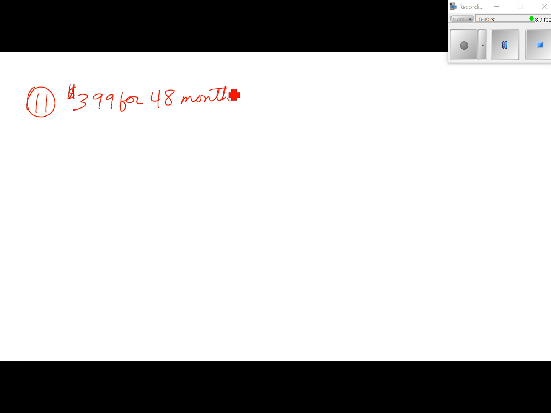He pays a deposit of $1,225, that's the deposit. Then an $85 title fee and $160 license fee, so $85 for the title and $160 for the license.